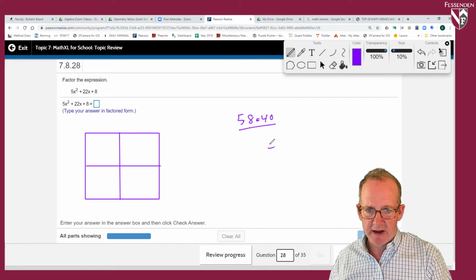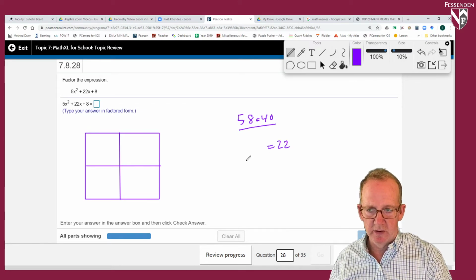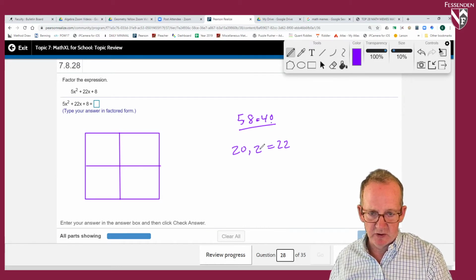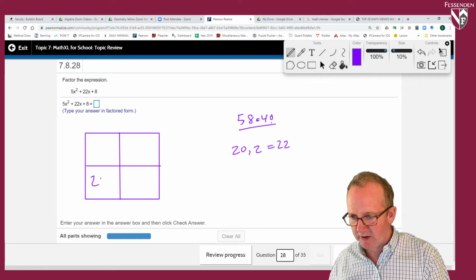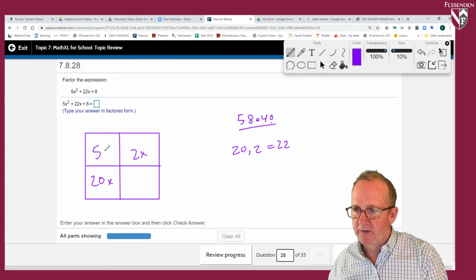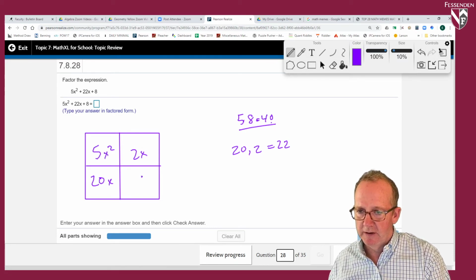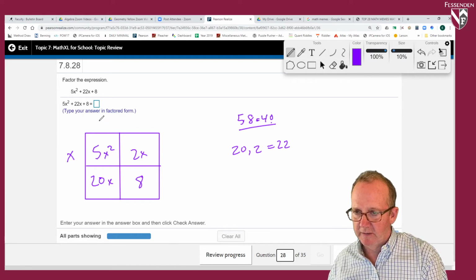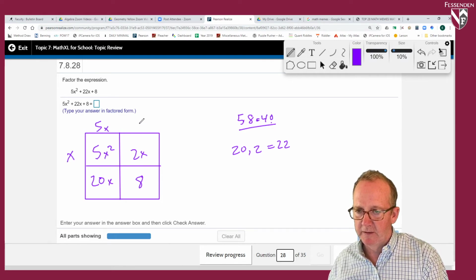And it has to add to 22. And if it's multiplied to be 40, how about 20 and 2? That means we have 20x and 2x and 5x squared and 8. And if we do a GCF, this will be x and 5x and 2 and 4.